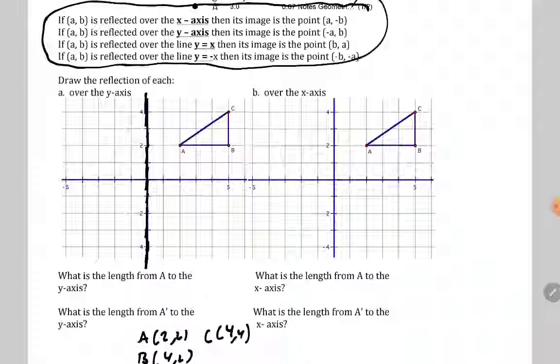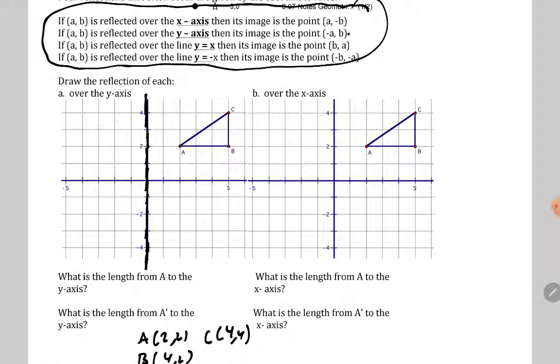They wanted to do the y-axis, so I'm going to be using the second one here. I'm going to take that 2, 2, and what it says is, you take 2, 2, and then do the opposite of 2, so that's negative 2, comma, the same 2.